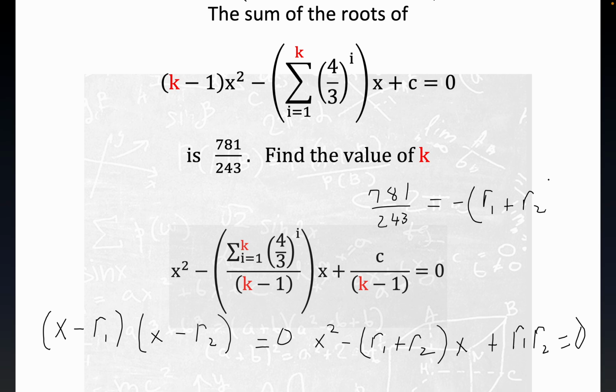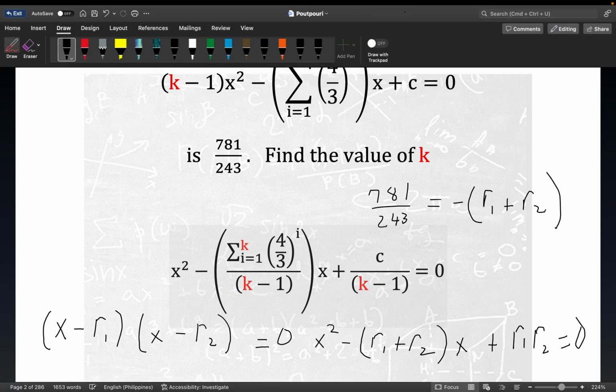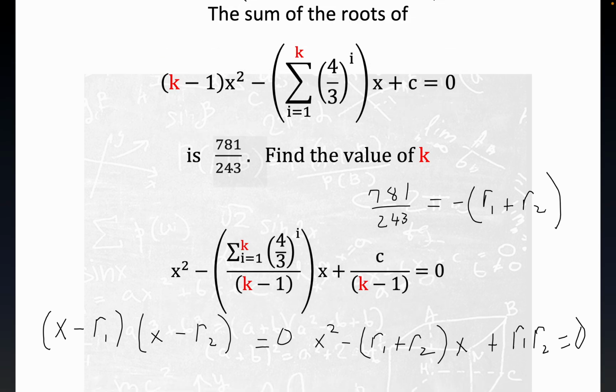Because it's given: the sum of the roots is this. So you have to write it like this. 781/243 is equal to this.